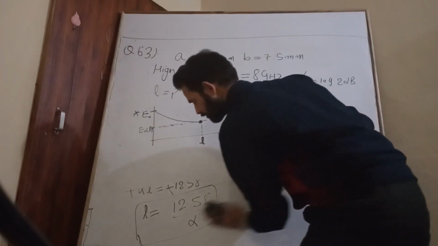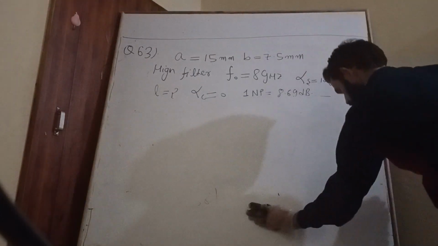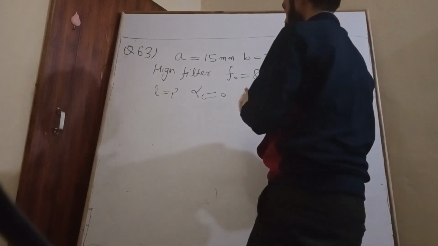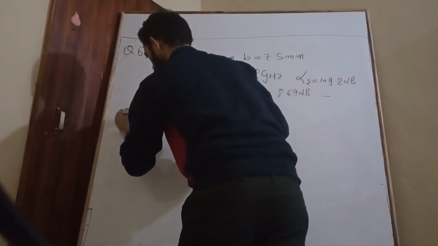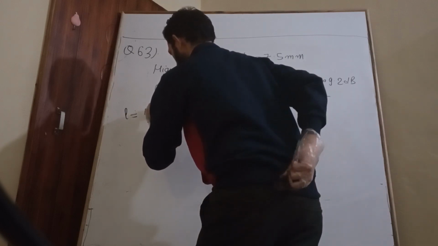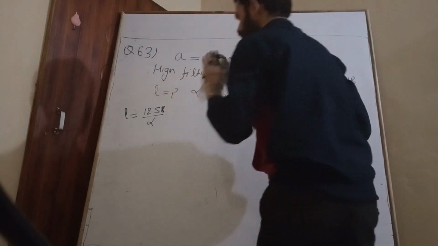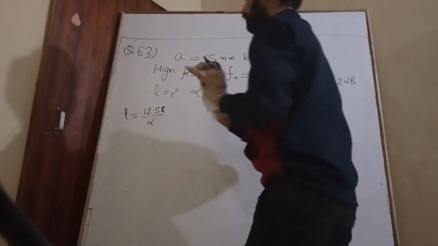This 12.58 we know. So L is equal to 12.58 divided by alpha. Now how to calculate alpha?